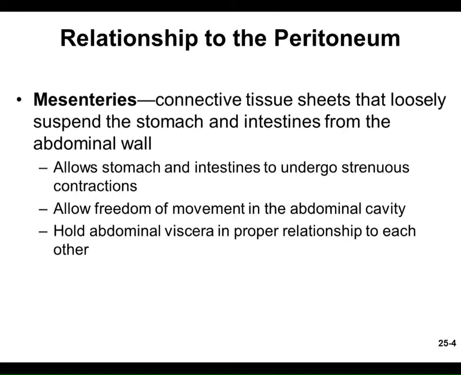They're going to allow the stomach to stretch. They're going to allow the intestines to undergo strenuous contractions. You've got about 18 feet of small intestine in your gut, and all of it is able to move quite freely because it's bound up by these mesenteries. So it's going to hold everything in its proper place.